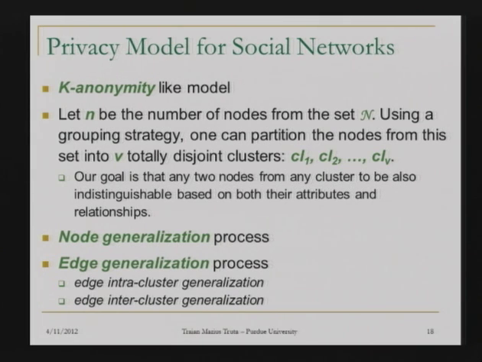And what we want, starting from a set of nodes N, we want to create V totally disjoint clusters, CL1, CL2, CLV, such that every cluster has at least K nodes, and then in each cluster, all those node attribute values will be the same. Okay? And in order to realize this, we will use a node generalization process and an edge generalization process.